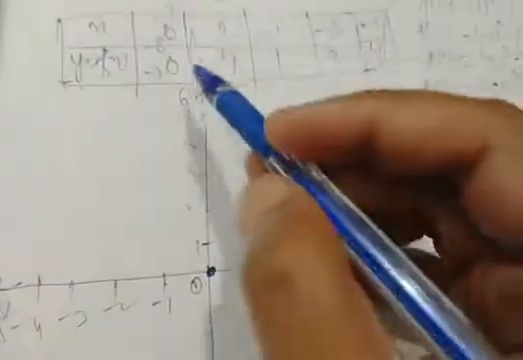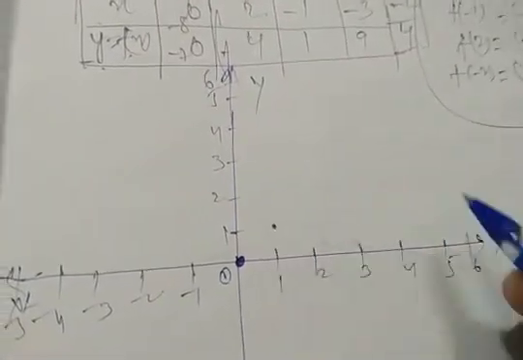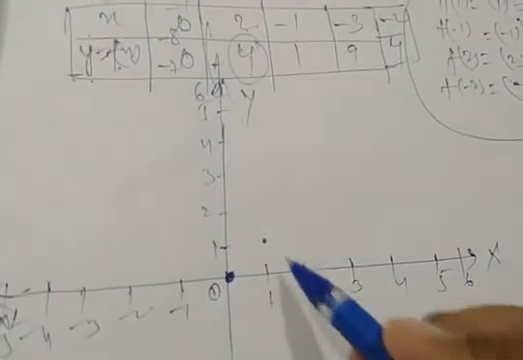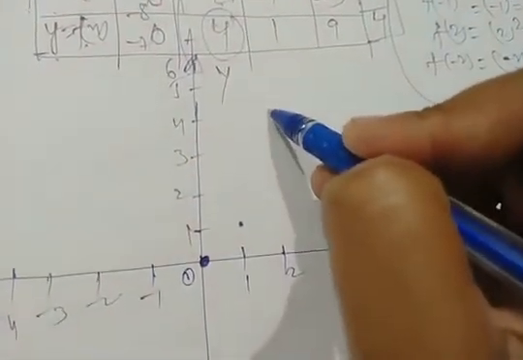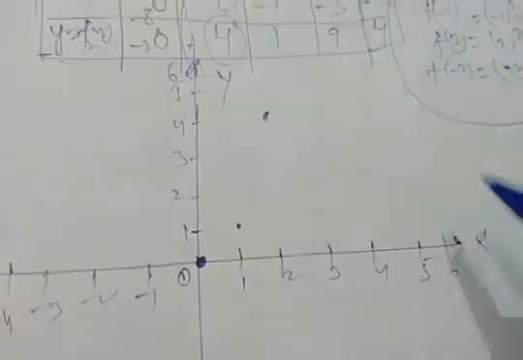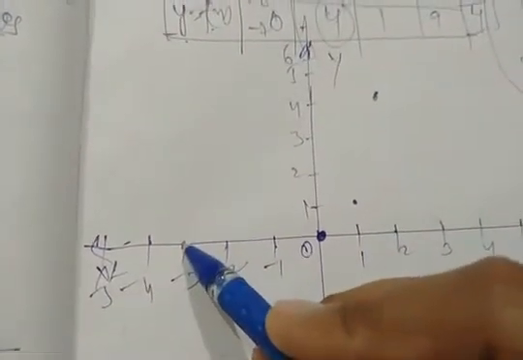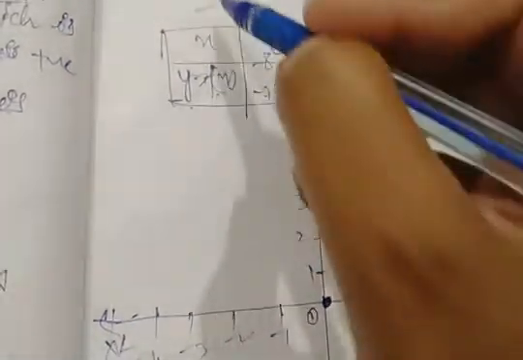Okay, and now if we put x is equal to plus 1, then we get 1 at that point. If we put x is equal to 2, then we get y is equal to f of x is equal to 4, yes, at that point. If we put x is equal to -3, then we get plus 9 at that point.